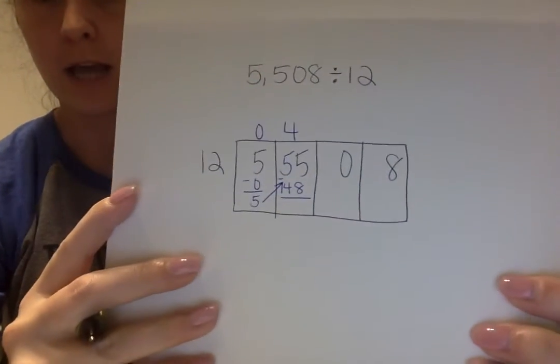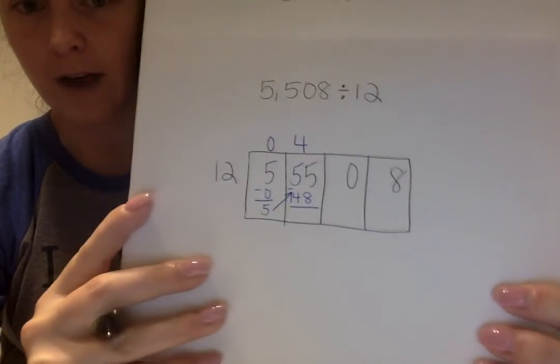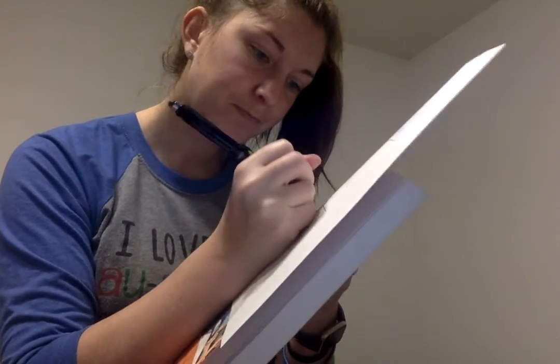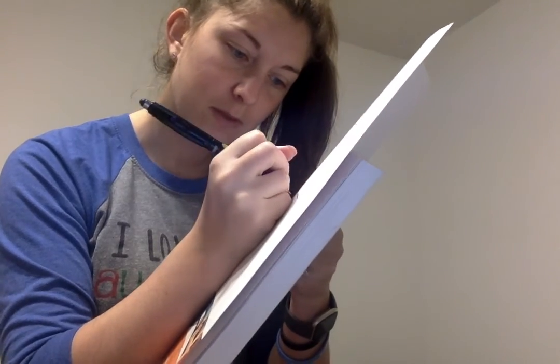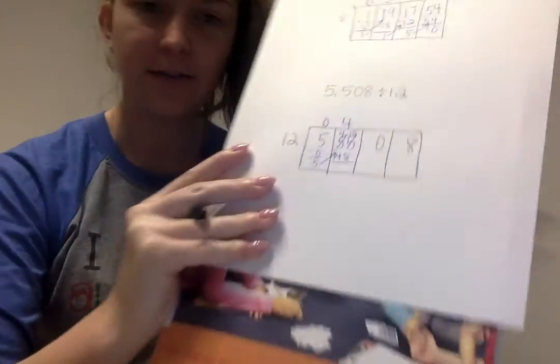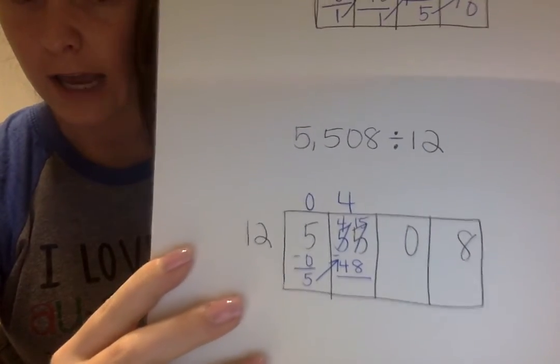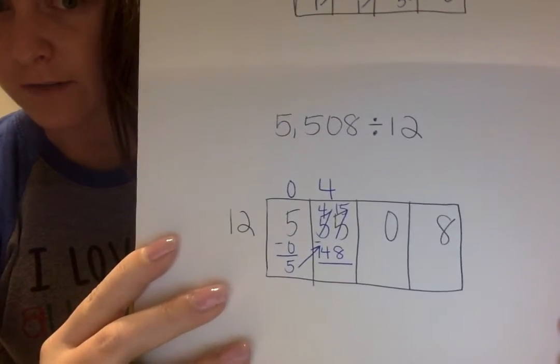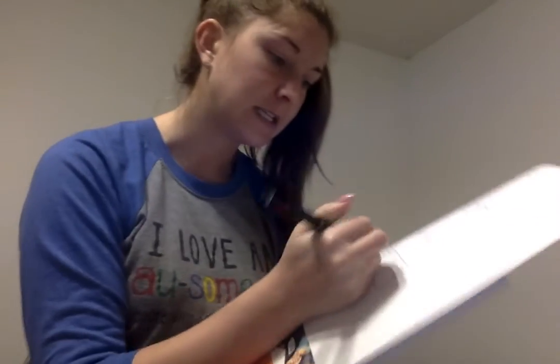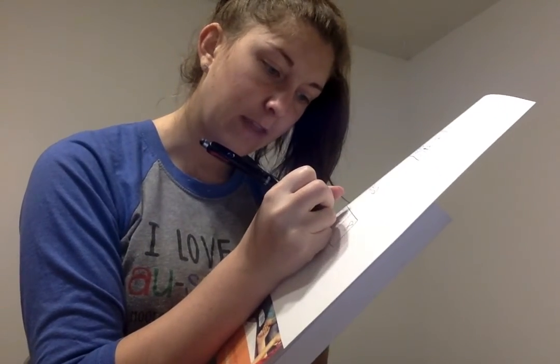So I'm going to subtract 55 minus 48. I know I can't do 5 minus 8, so I have to borrow. That 5 changes to a 4, and the other 5 changes to a 15. 15 minus 8 is 7, and then I have to take that 7 up and over.